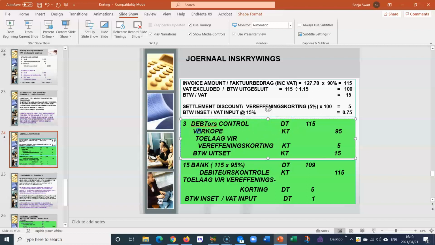Then sales would have been credited with what? With a VAT exclusive amount multiplied by 95%. Just put that one there. So there's our credit entry, 95 Rand.